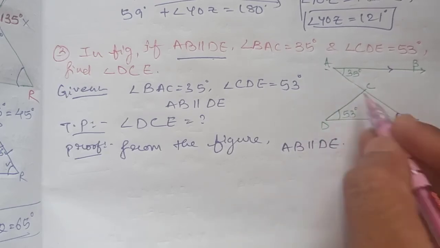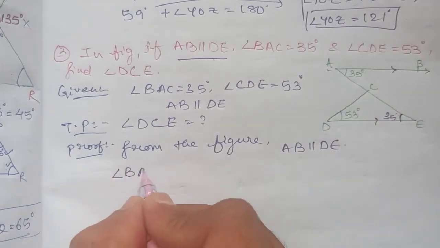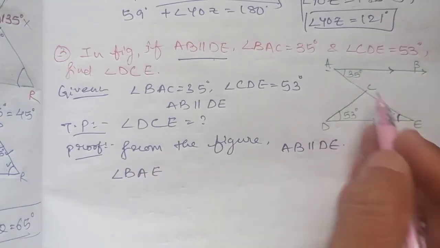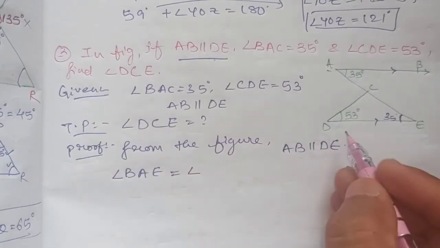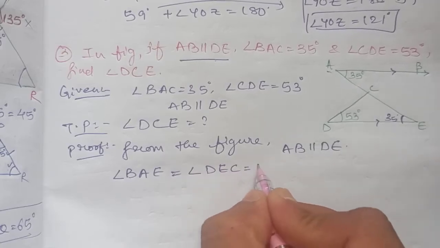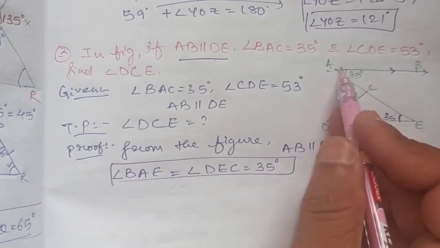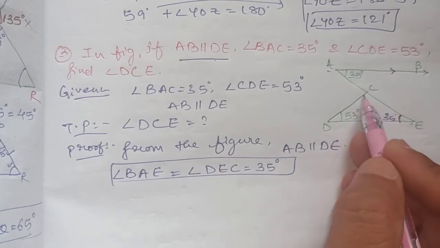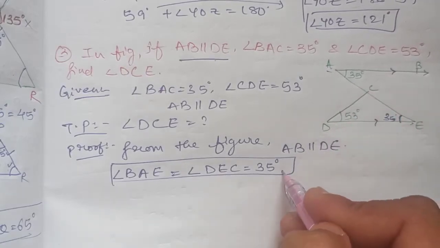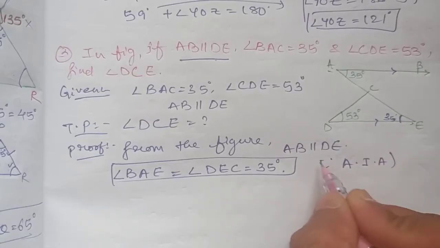This one also will be 35 degrees, isn't it? So angle BAE equals angle DEC. Angle DEC equals 35 degrees. Angle BAE equals angle DEC, both are 35 degrees because they are alternate interior angles.